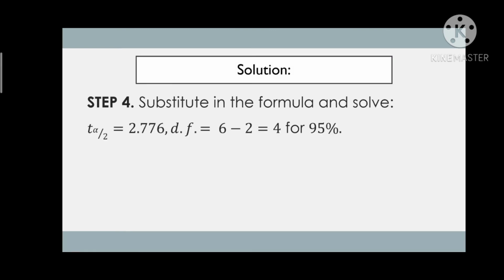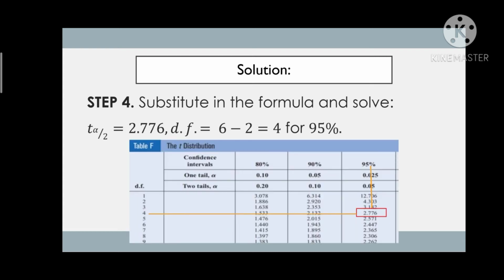Step 4, substitute in the formula and solve. The t sub alpha over 2 is equal to 2.776. The degrees of freedom is equal to 4 for 95%. Using this t distribution table, we get t sub alpha over 2 equal to 2.776, the intersection of the degrees of freedom and the 95%.